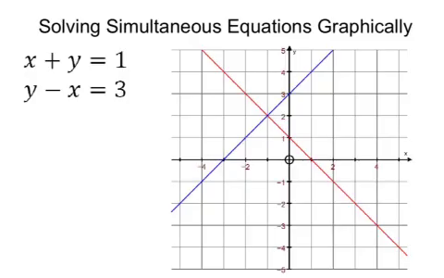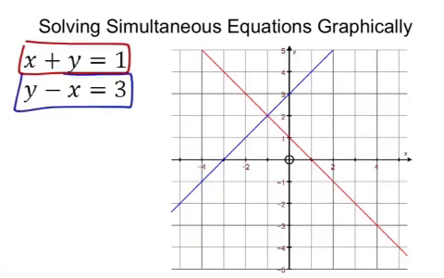And there we have our two graphs, x plus y equals 1 in red and y minus x equals 3 in blue. Now there is a single solution to these simultaneous equations, and the solution is the point where the two lines meet.